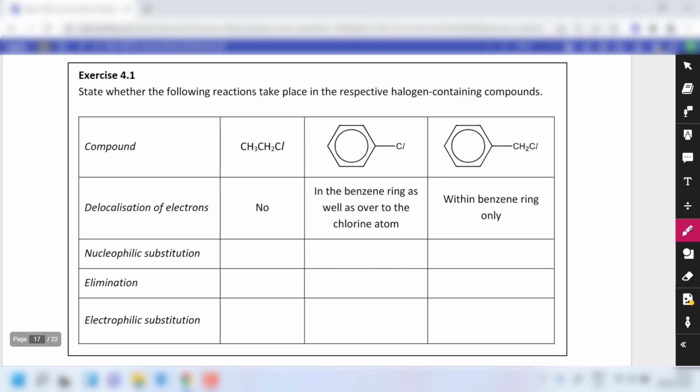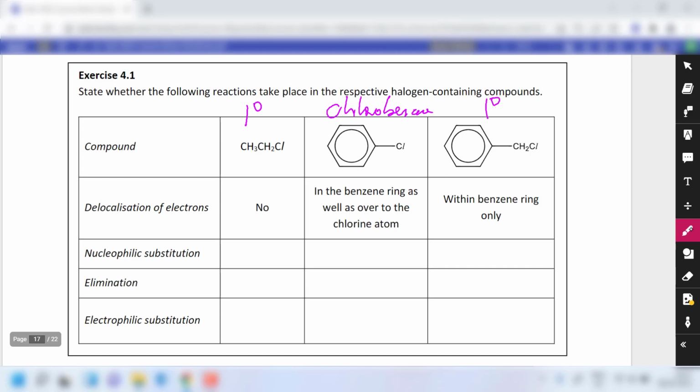If you take a look at exercise 4.1, we are supposed to state whether the following reactions take place in the respective halogen-containing compounds. First of all, we need to establish some facts. This is a primary chloroalkane, and this is a chlorobenzene. In our case here, it is a primary chloroalkane.